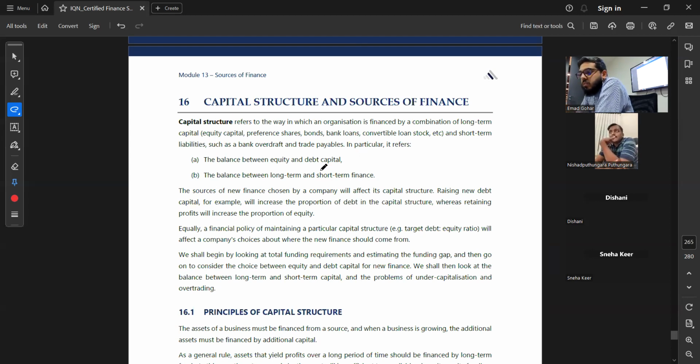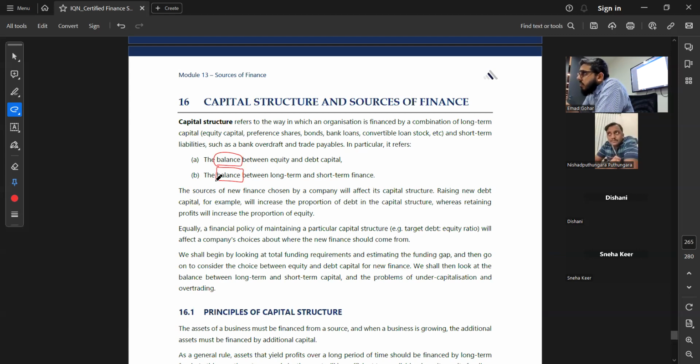So this is what they are talking about. What they are saying here is we need to have a balance, how much we need to keep equity and how much we need to keep debt, because both of them have different advantages and disadvantages. Similarly, we need to keep a balance between short-term and long-term finance. All examples we already discussed above.